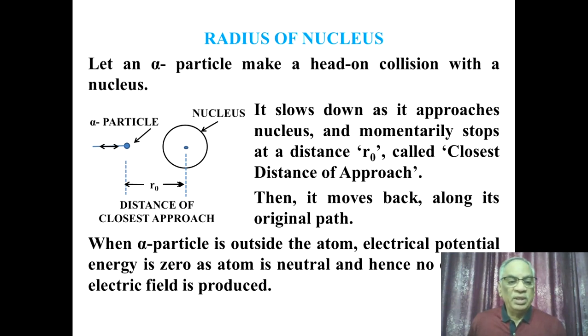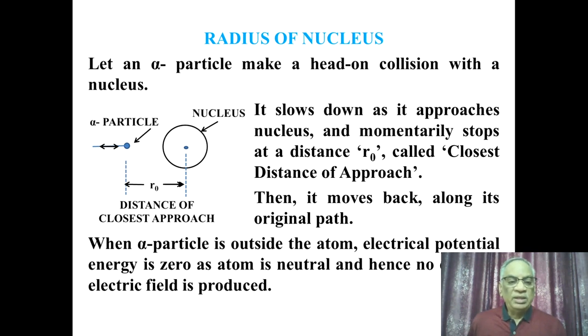2He4 is an alpha particle. Let us make an alpha particle collide head-on with the nucleus of the element under consideration. In the figure you can see, if r is the radius of the nucleus, then the alpha particle, as it approaches, because initially it has some kinetic energy, moves close to the nucleus.